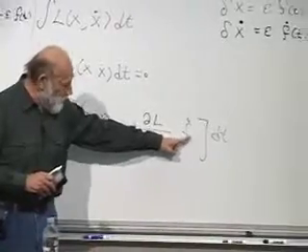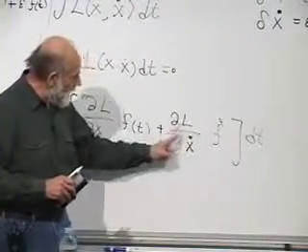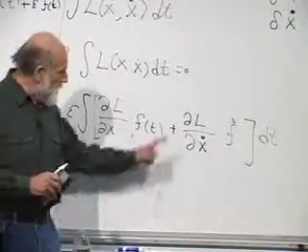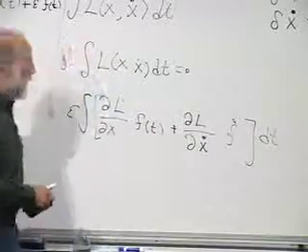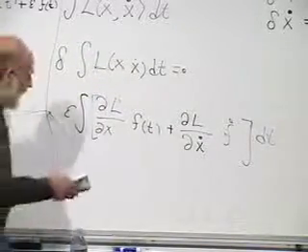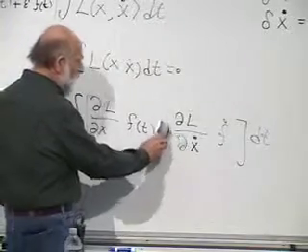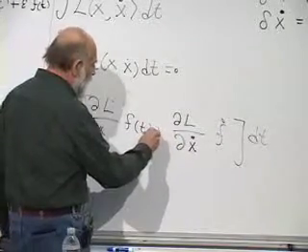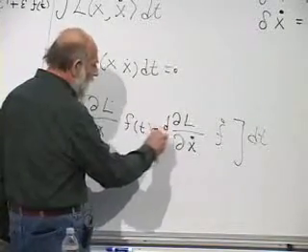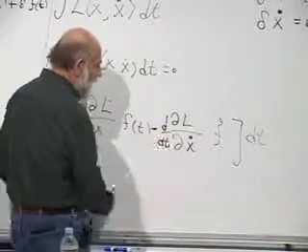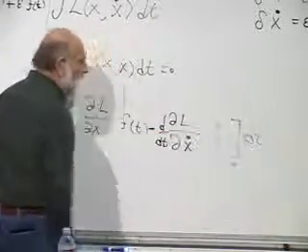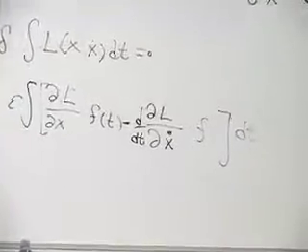We have a time derivative f dot over here times dL by dx dot. So what we can do is change the sign, put the time derivative on the other factor, and get rid of the time derivative here.